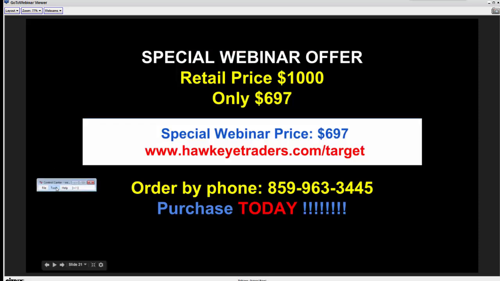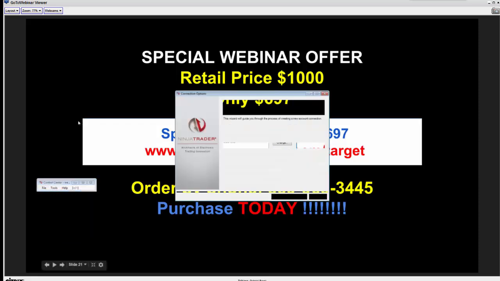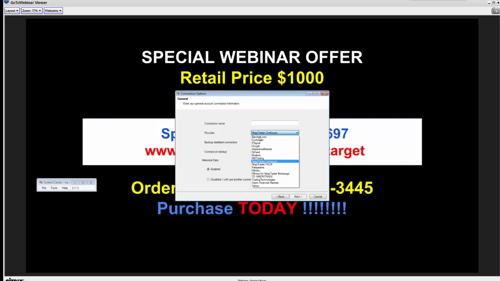Okay, so what you need to go into is go over here to the account connections, and then you hit add, and then it will give you this screen here. And then one of the options is TD Ameritrade. And you just select the TD Ameritrade, put in your account name.